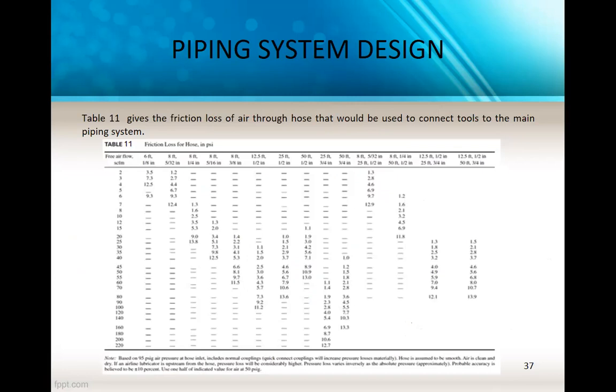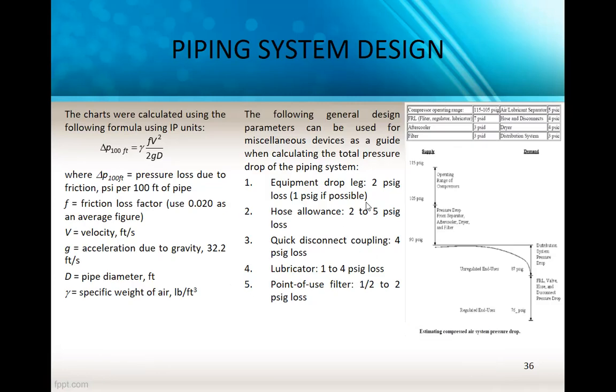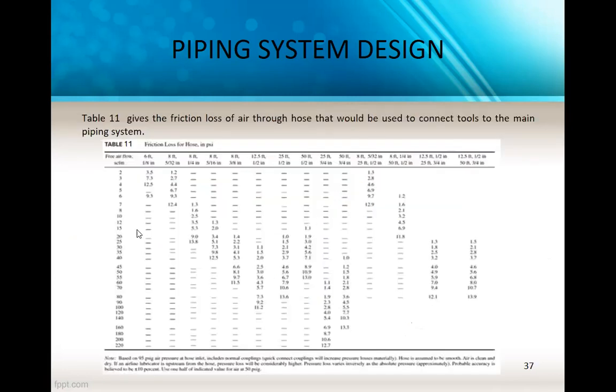Table 11 gives the pressure loss of air through hose that would be used to connect tools to the main piping system. So, instead of this estimate, here is the value. What is the length of your hose? You can verify it. If it is less than 4, okay, because you have a basis. 6 feet, this is the 6 feet hose.